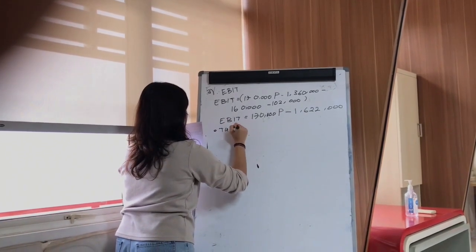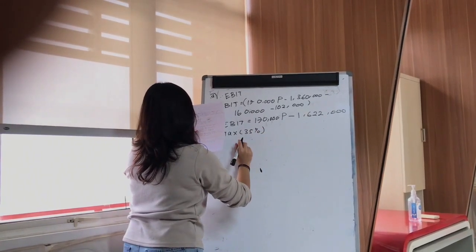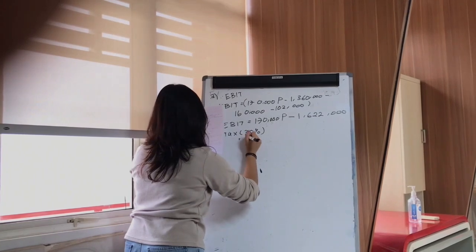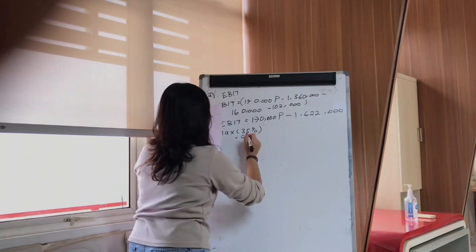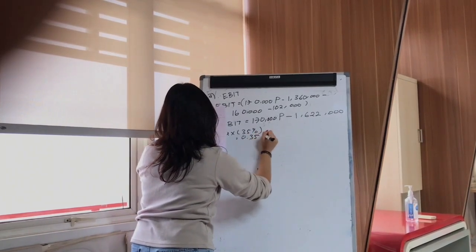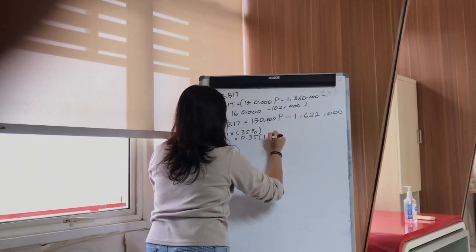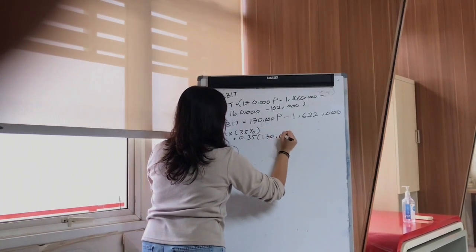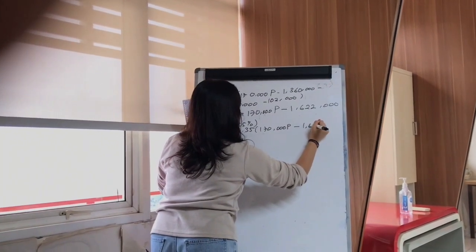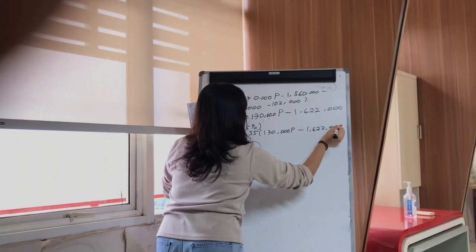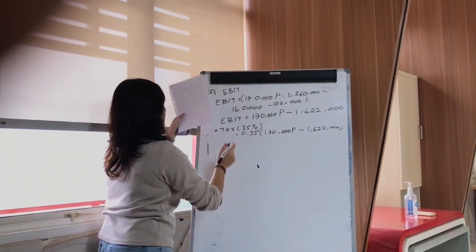For the taxes, we have 35%. That means we calculate 0.35 times the EBIT, that is 170P minus 1,622. We have the tax.